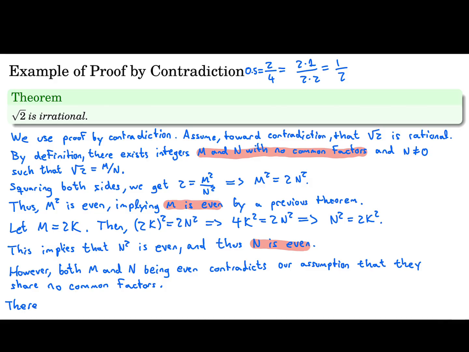Therefore, our original assumption is false. So the assumption that square root of 2 is rational has to be false, and thus square root of 2 is irrational. So proving our theorem.